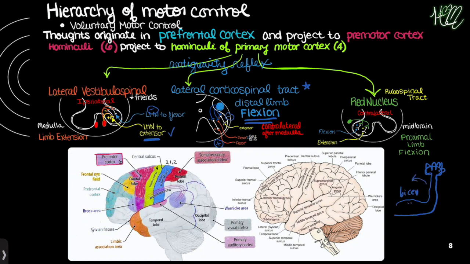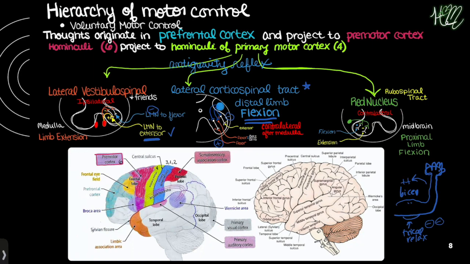And at the same time, we want to relax this tricep muscle here. Tricep relax. That's part of our reflex response. And that's all we're doing to modulate our movement, right? We are stimulating the flexion response and we are inhibiting the extensor response. That's the important part to remember there.